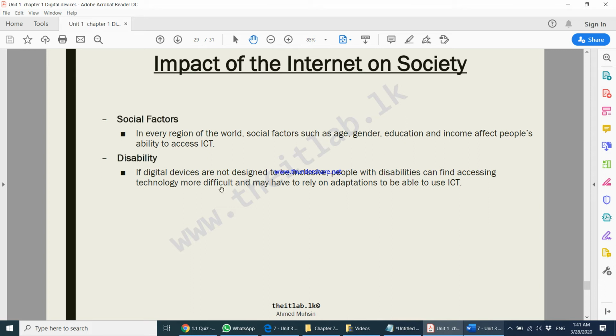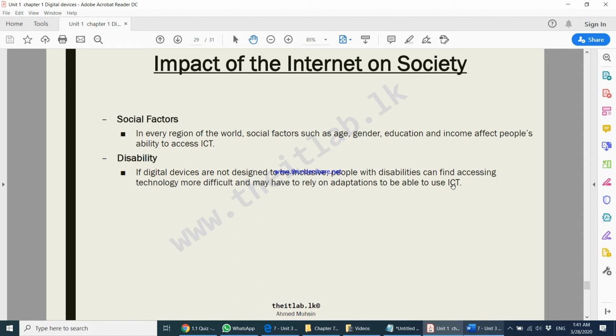And finally, there is something which is known as disability. If digital devices are not designed to be inclusive, people with disabilities can find accessing technology more difficult and may have to rely on adaptations to be able to use ICT. Okay, so another factor that affects people's access to digital devices is disability.